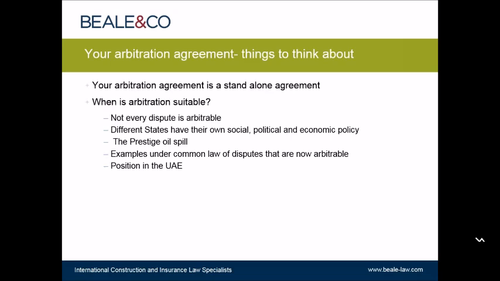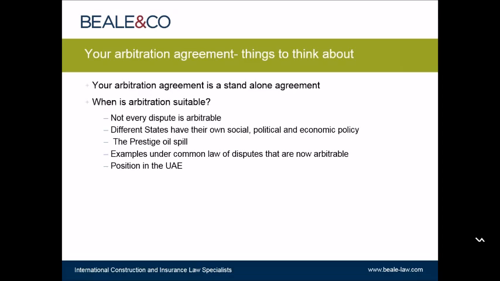When looking at arbitration agreements, do not copy-paste an arbitration agreement from one contract to another. This is unhelpful and risky because there is no such thing as a standard contract or a standard dispute.